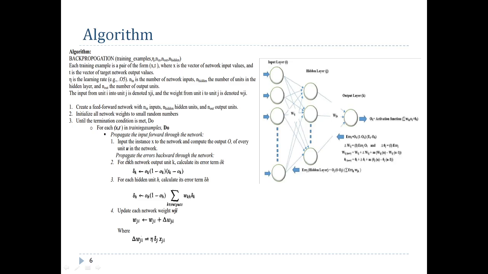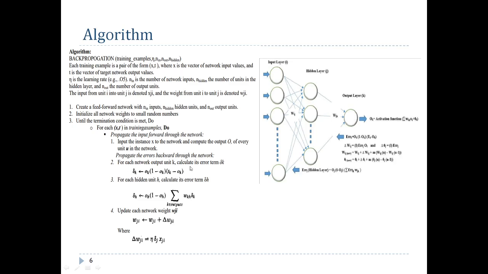Then propagate the errors backward through the network. At the output layer, it will calculate the difference of actual output minus predicted output, so it will get the error value. For each network output unit k, calculate its error term delta k. Delta k is the error value at output unit k.